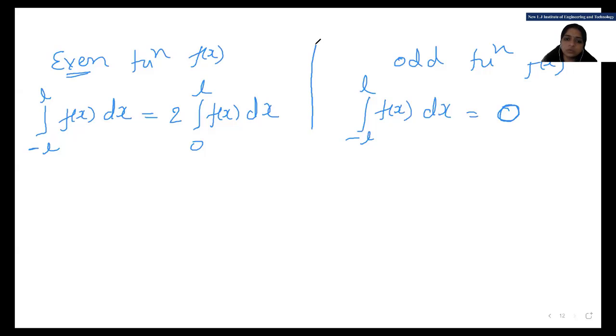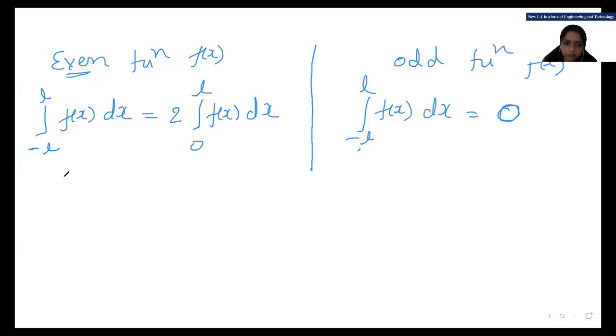So please remember, for an even function with limits minus L to L, you can write 2 times the integral from 0 to L of f of x dx, and if your function is odd and the limits are minus L to L, then the integral of f of x dx is equal to 0.